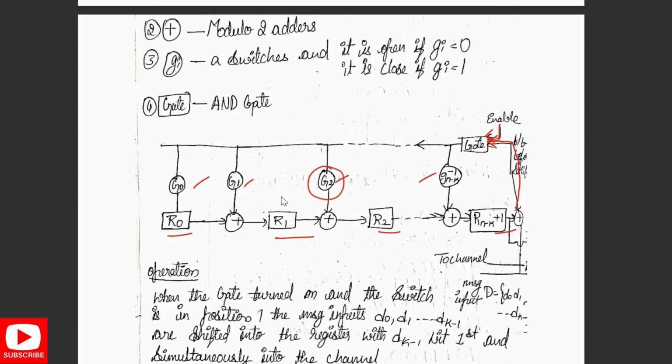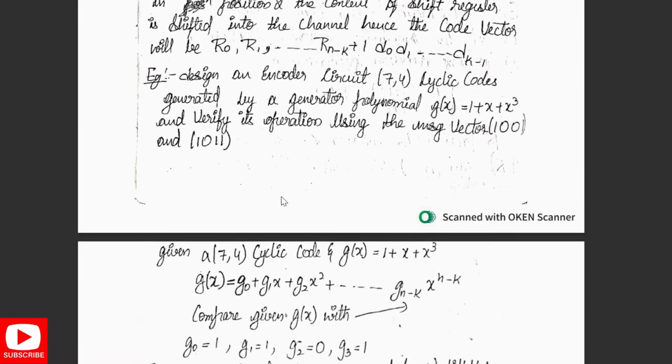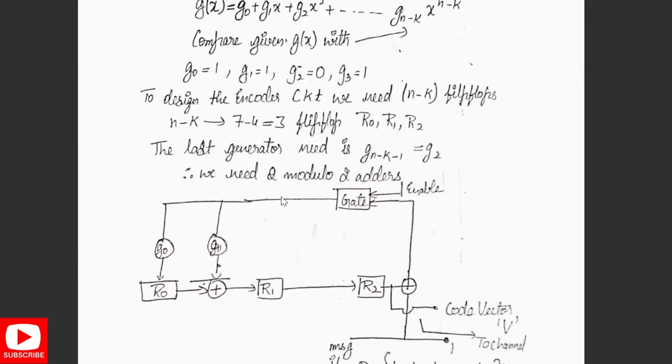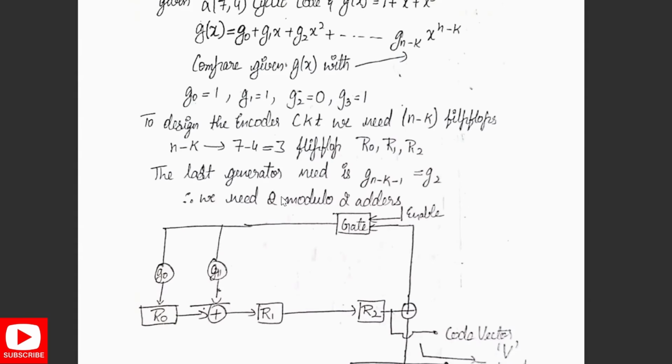So this depends on whether it is 1 or 0. If it is 1, it is closed like this. If it is 0, we just open it like this. We need to open it, we will not close it. So the operation and the working of that is given here. Pause and read, you can understand. It is easy. Now let us solve one problem and design it.